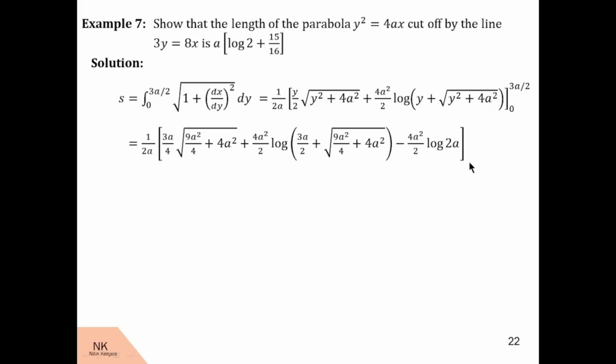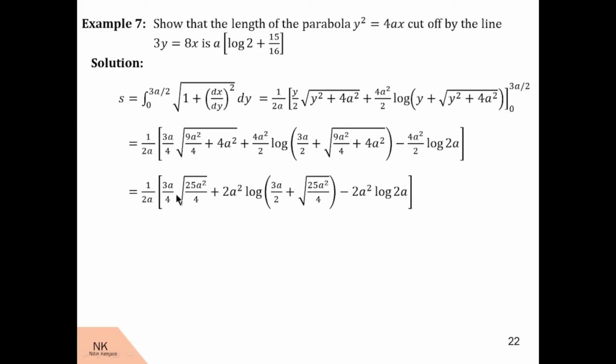Now let's simplify this. After cross multiplying this, we will have 16a square plus 9a square, that becomes 25a square by 4. So we have under root 25a square by 4 here as well as here. This 4a square by 2 becomes just 2a square.